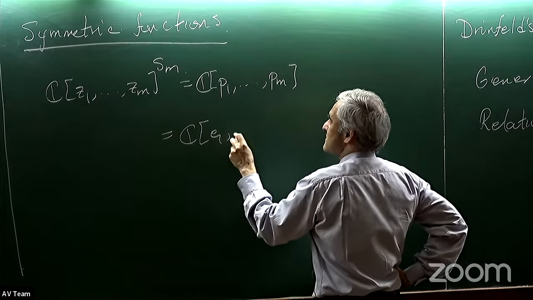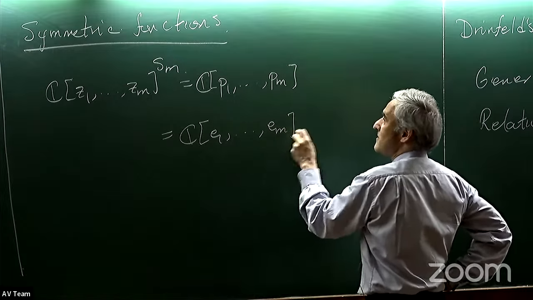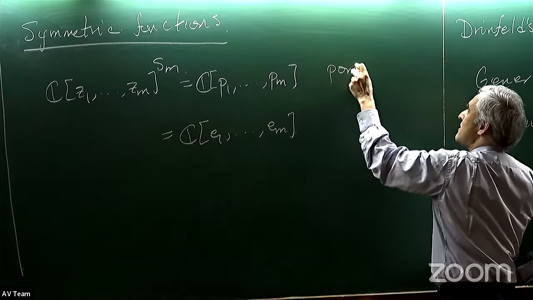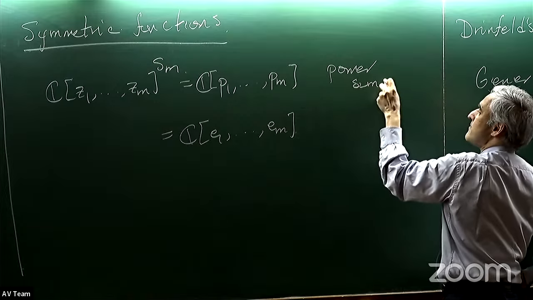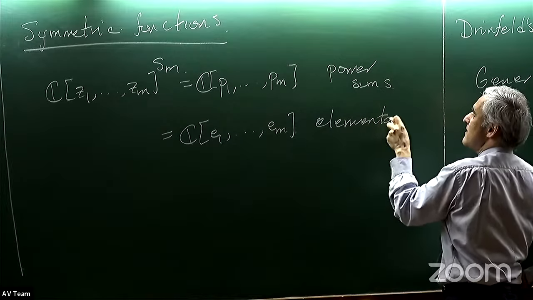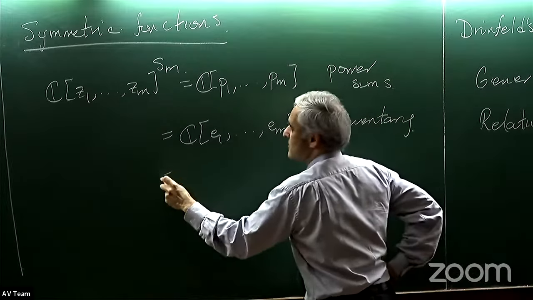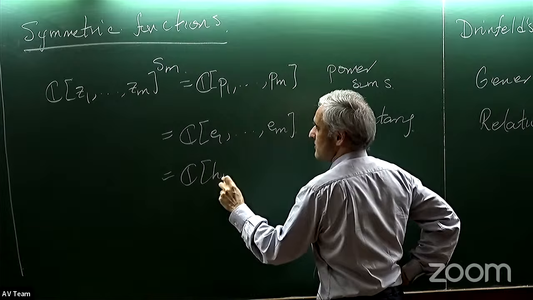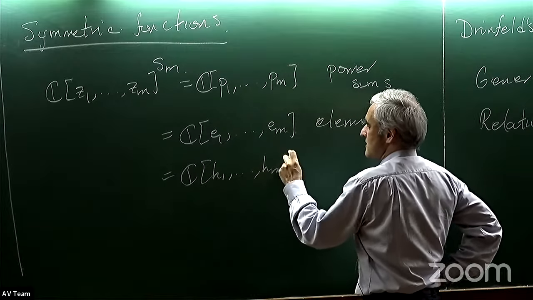So these are examples of this. So this would be the power sums. And this is, in Macdonald's notation, the elementary symmetric functions. But of course, you could use the homogeneous symmetric functions.